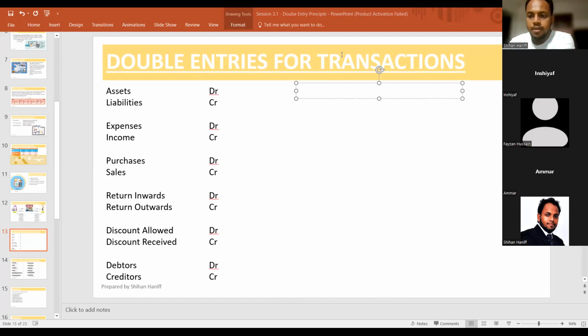There is a question. Is it okay if we put trade receivable instead of debtors? Yes, trade receivables and debtors are the same thing. Then we can also take drawings debit, capital credit.